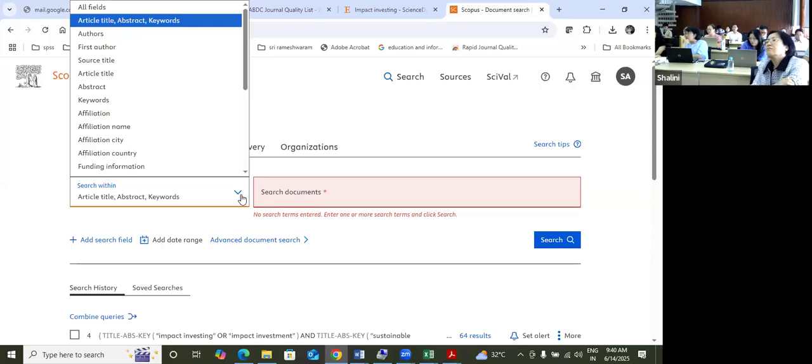What is important is the list of journals they have and the indexing of a particular journal. So you should be more concerned about the indexing of the journal. That is more important.